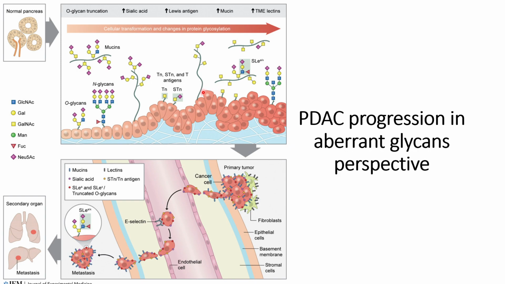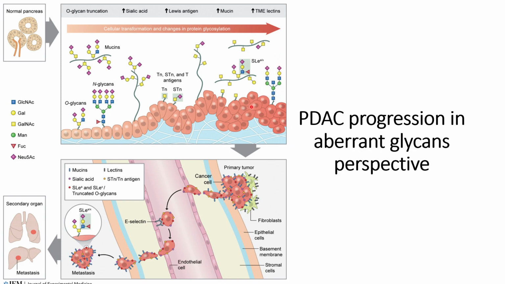Thereafter, when it progresses further, it will lead to mucin formation. Mucins are O glycan long, glycosaminoglycan-type structures formed at the cell surface. After that, the TME lectins will be formed, or lectins which are affected by the tumor microenvironment.